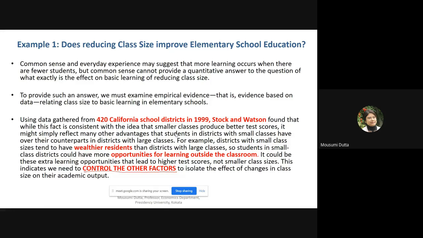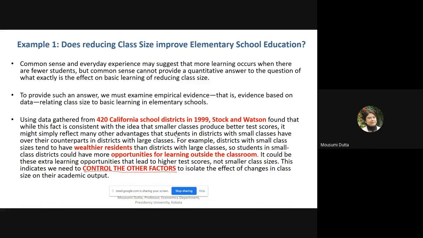So if we control for several factors, in that case, the situation may become different. So many a times our idea about the economic theory may not be true. If there are controlling matters, in that case, we may get different results, or we will get the logic why they are doing better, whether because of the size of the class or because of something else.